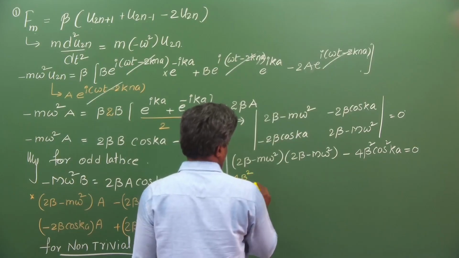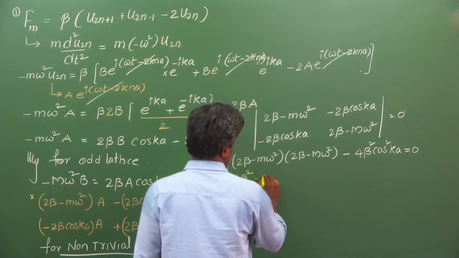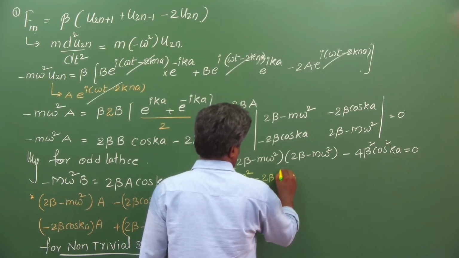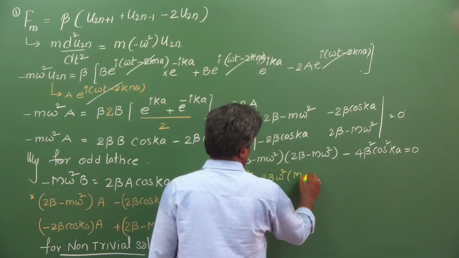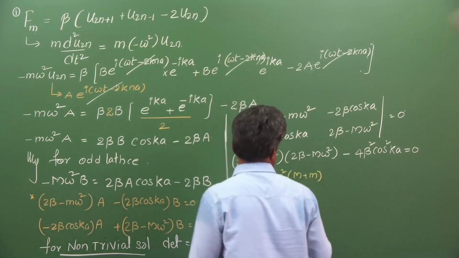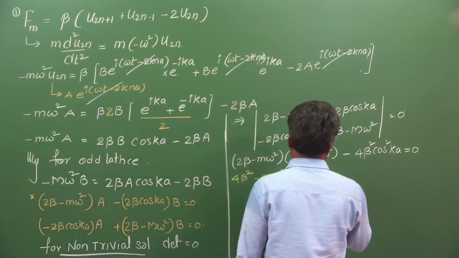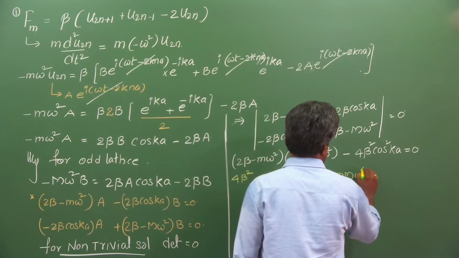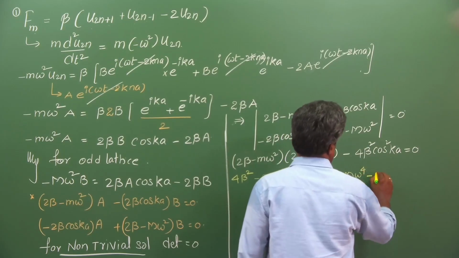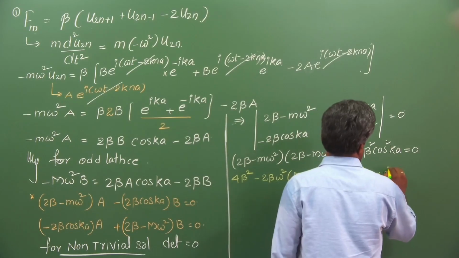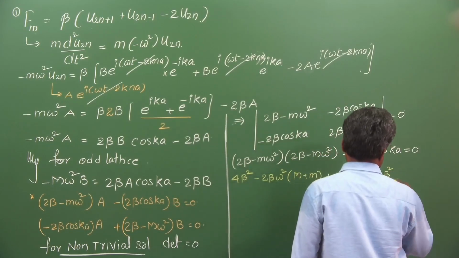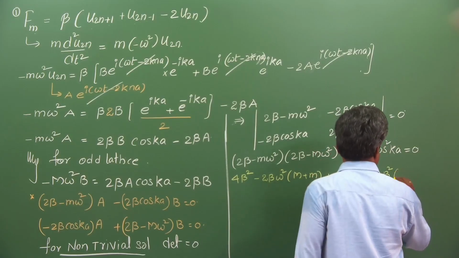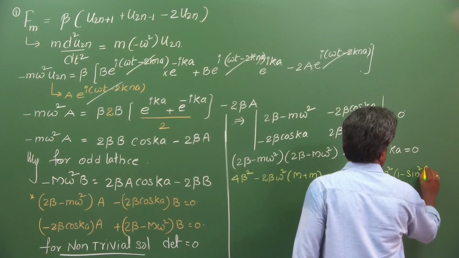Four beta square minus 2 beta omega square, I think m plus small m and capital M, omega power 4 minus 4 beta square, and write it as 1 minus sine square Ka.